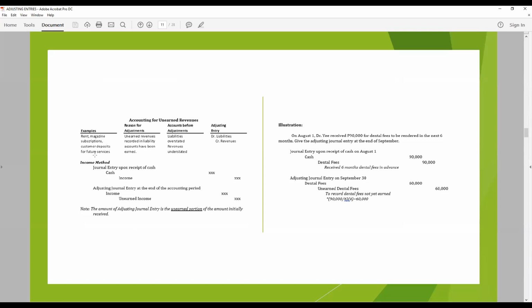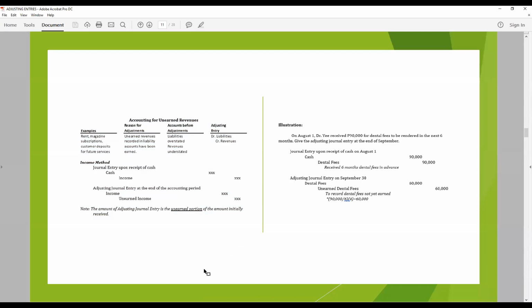We also have income method. So you recorded upon receipt of cash initially as income directly. So pag naka-receive kayo ng cash, debit nyo na cash, credit income or revenue directly. So your adjusting entry at the end of the accounting period is debit income and credit unearned income. So in this method, the amount of adjusting journal entry is the unearned portion of the amount initially received.